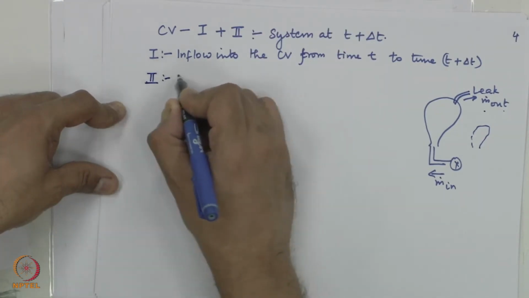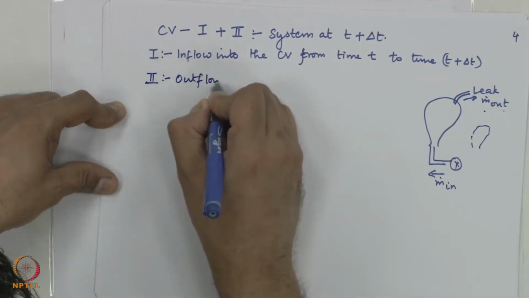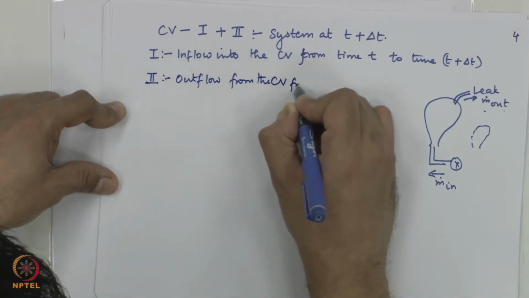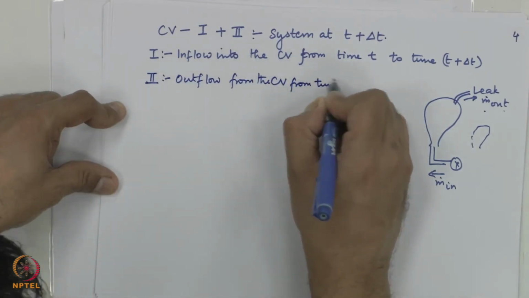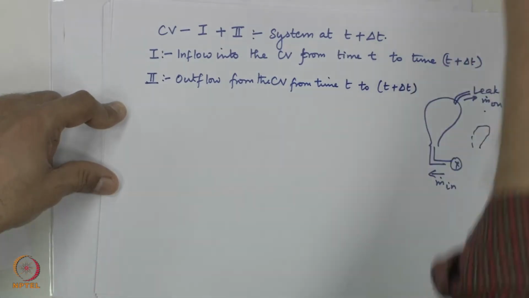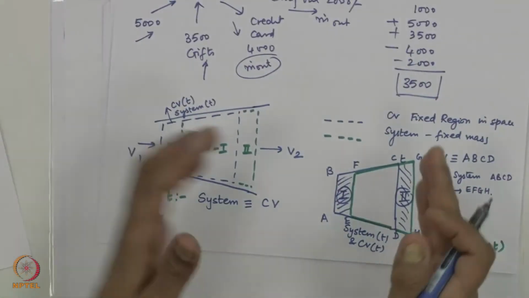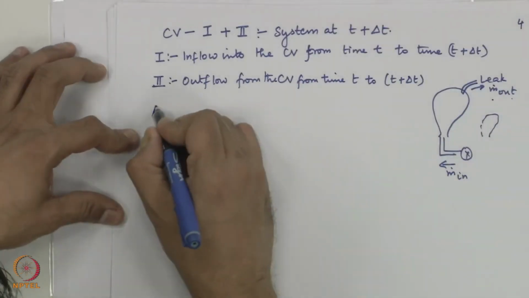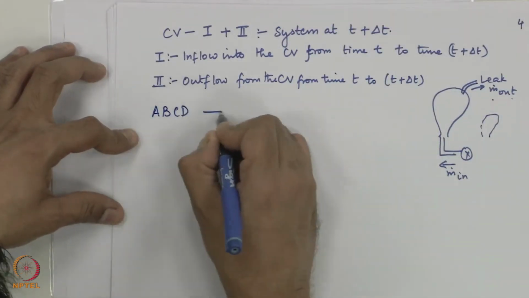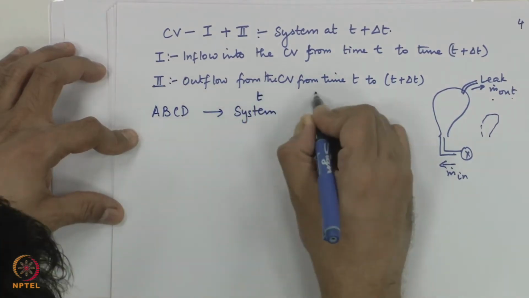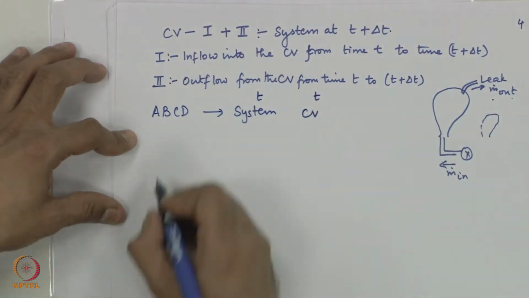Number 2 is the outflow from the control volume from time t to t plus delta t. Again, please remember, control volume is a fixed region in space. So A, B, C, D is the system at time t and the control volume at time t.